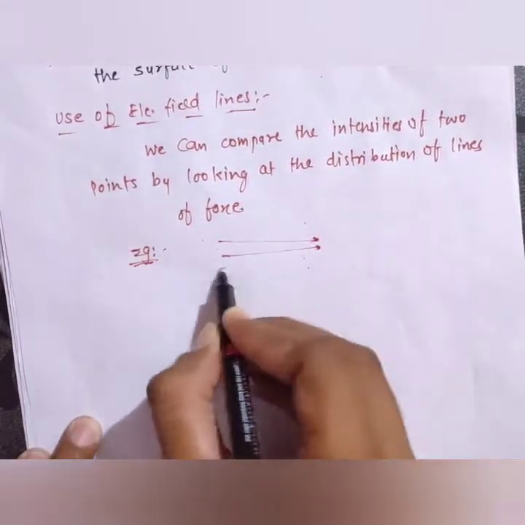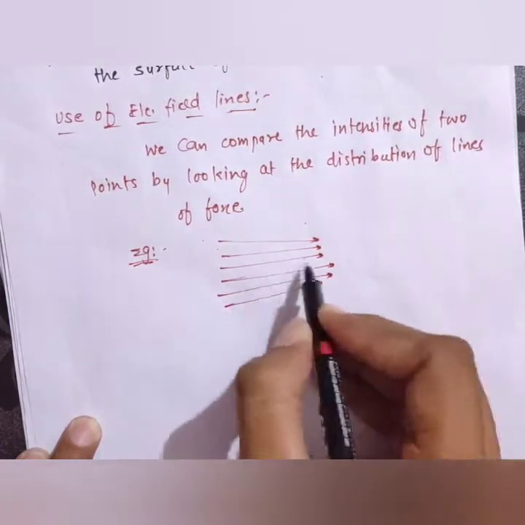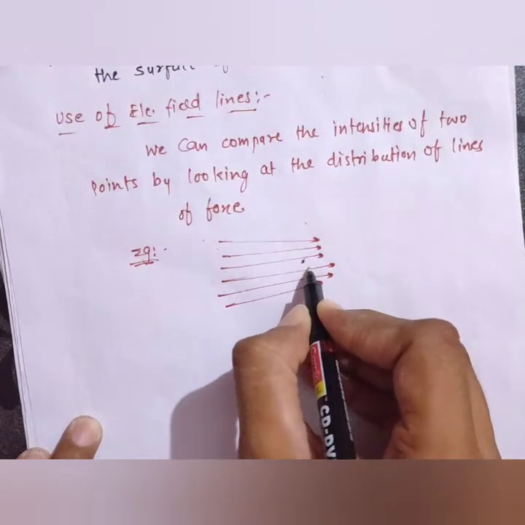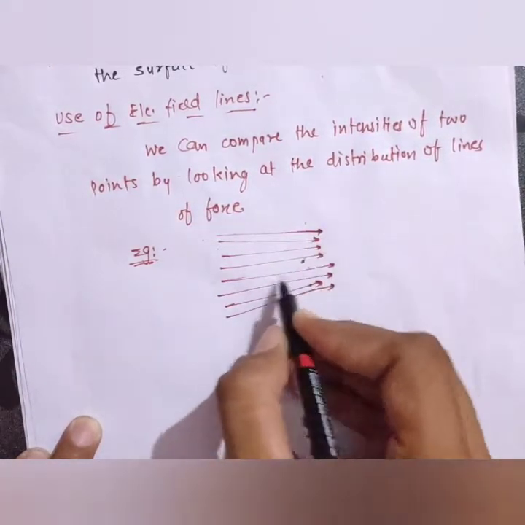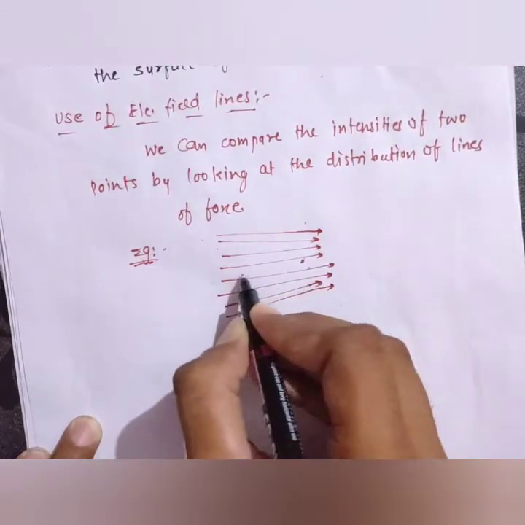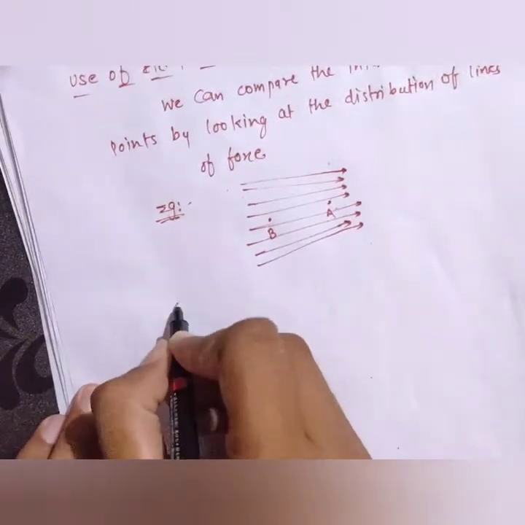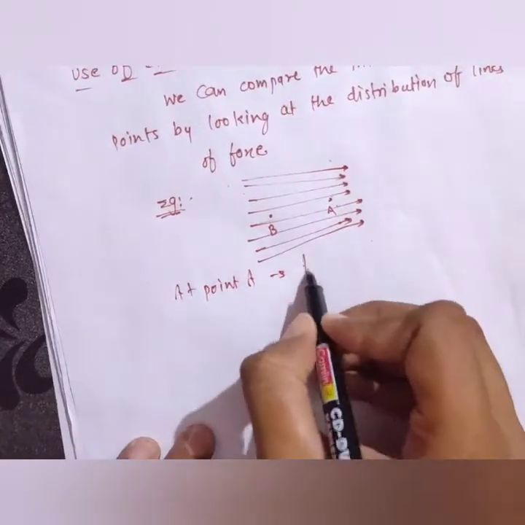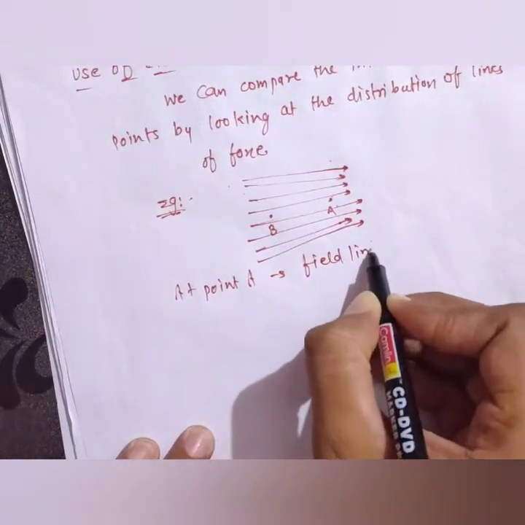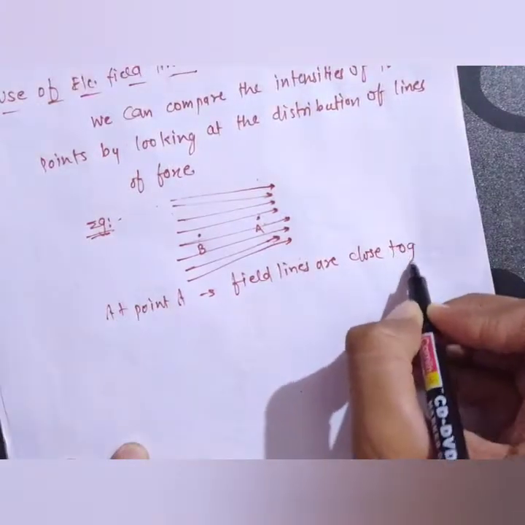If we draw electric field lines in such a way, point A lies here, and point B lies here. So at point A, the field lines are close together. See that in the diagram.